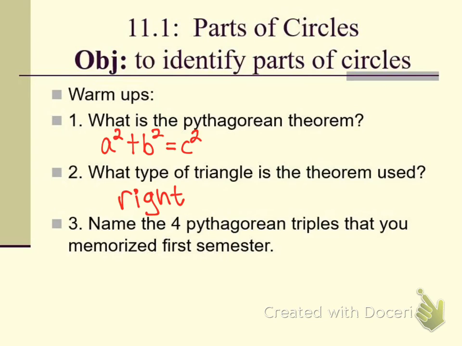Now, that last question is a little bit misleading for our class because we did not necessarily memorize any Pythagorean triples. But Pythagorean triples were sets of three numbers that satisfied the Pythagorean theorem.